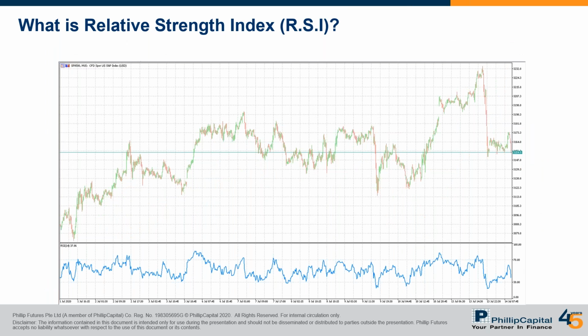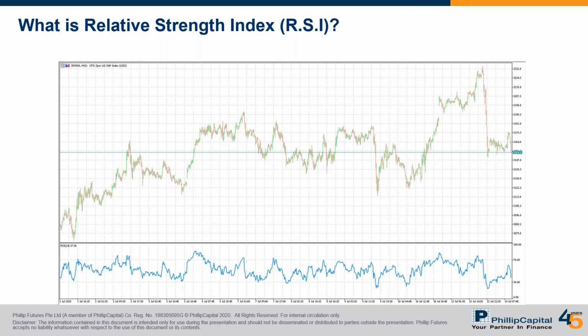The next indicator that we're using today is called the RSI, or the Relative Strength Index. It's an oscillator, as you can see at the bottom of the screen. What it does is it has two levels, level 30 and level 70.